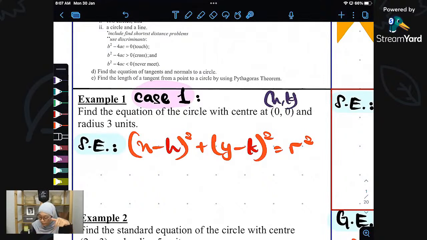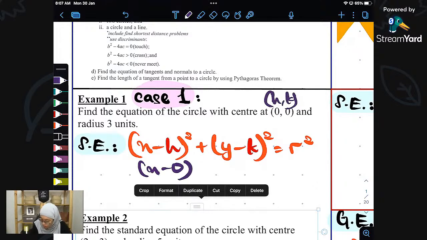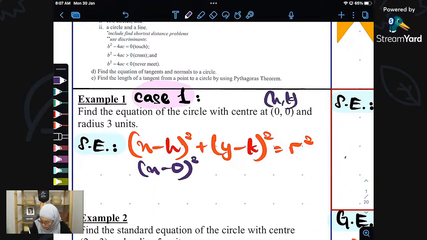So we are given h and k here, which is 0, 0, and the radius 3 units. Therefore, it's easy. We just sub in the center there. x minus 0 squared plus y minus 0 squared.